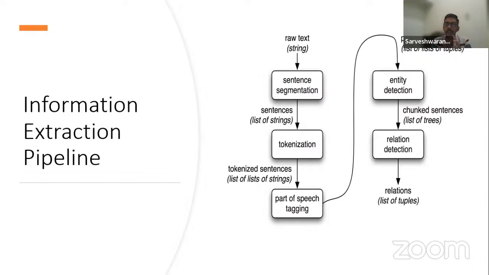I identify the entities from the resume, or from your newspaper or research paper, with the help of your POS tags. And then I chunk sentences, do relation detection, and find the relations. This is how the information extraction pipeline is.